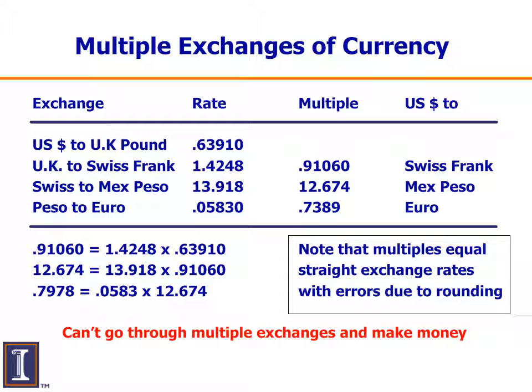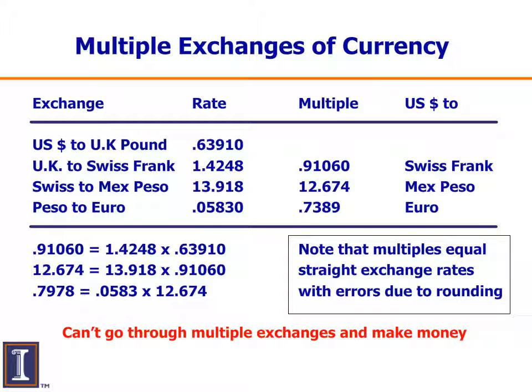So if that number, that 0.91060, differed from the straight exchange rate, we could either make or lose money depending on the relationship there by doing a transfer from US to UK pound and then UK pound to Swiss franc.